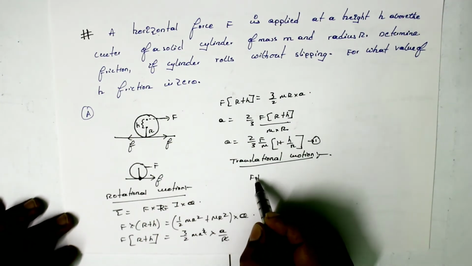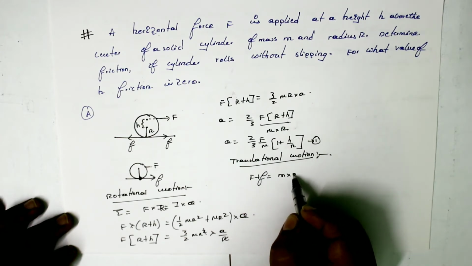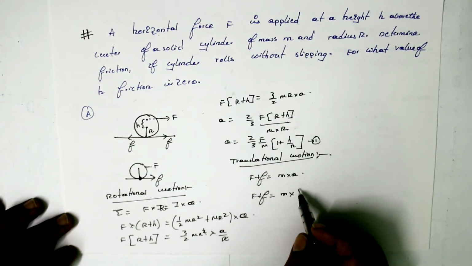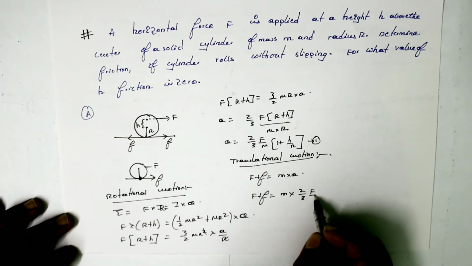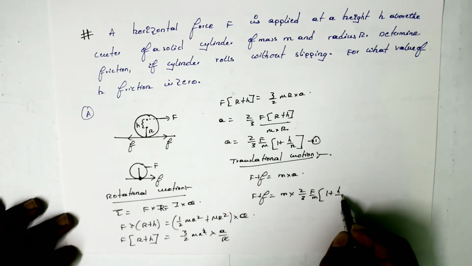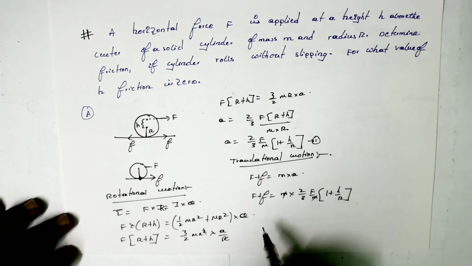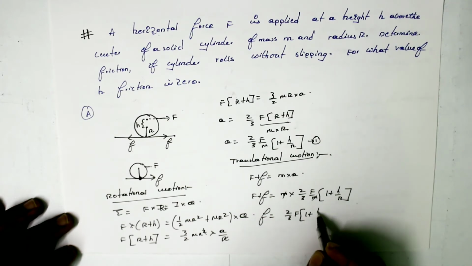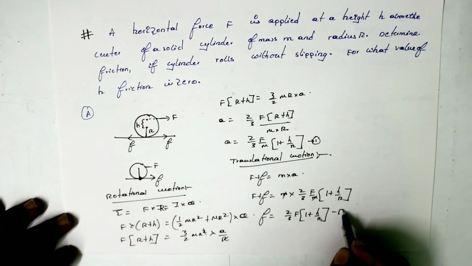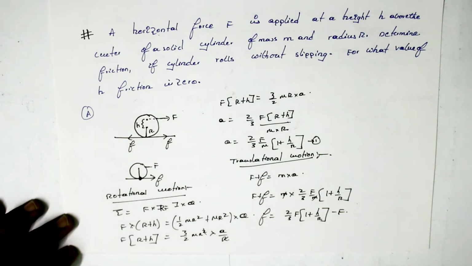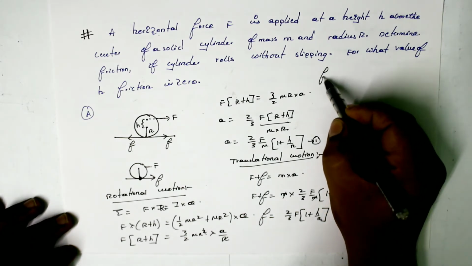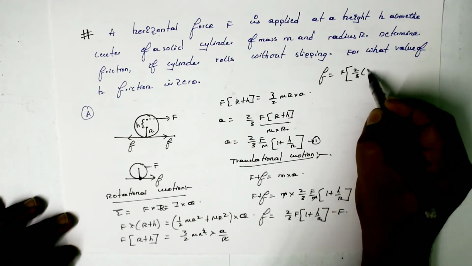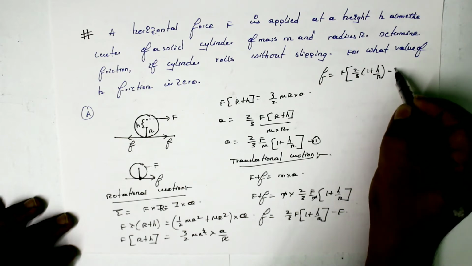Therefore I can write F plus f is equal to mass into acceleration, and the acceleration we have already calculated: 2 by 3 F by M into 1 plus H by R. So M gets cancelled, and f can be written as 2 by 3 F into 1 plus H by R minus F. If I take capital F common, then f is equal to F into 2 by 3 into 1 plus H by R minus 1.